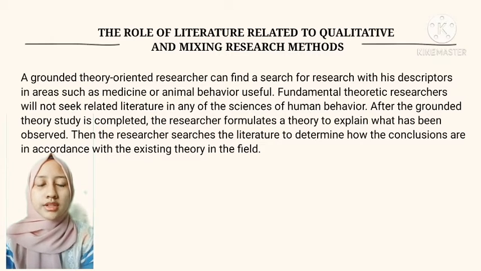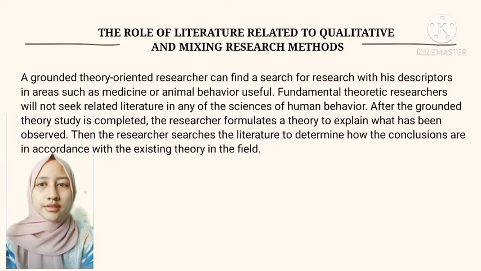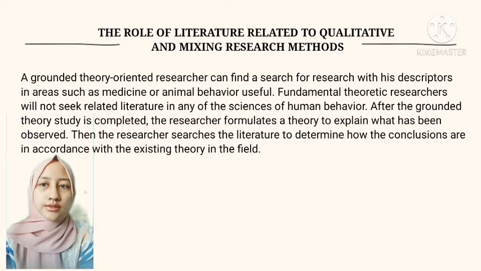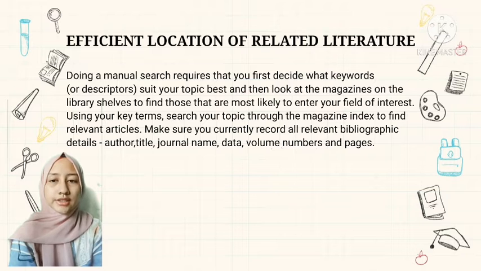After the grounded theory study is complete, the researchers formulate a theory to explain what has been observed. Then, the researcher searches the literature to determine how the conclusions are in accordance with the existing theory in the field.